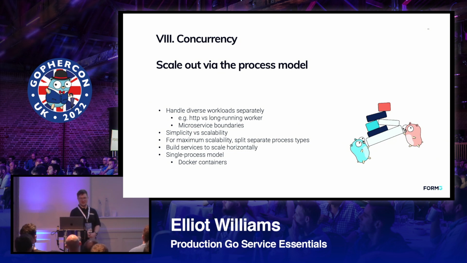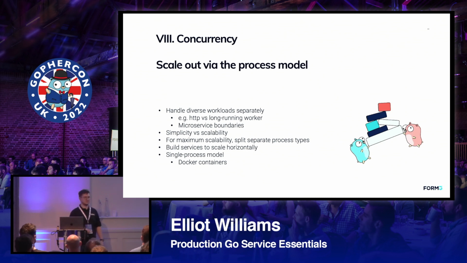So this is talking about scaling out the process model itself. We were talking about having our processes, our Go binary, but the recommendation here is that you handle diverse workloads separately. If you have an HTTP server that is running all of the time versus a worker that kicks off weekly to import some things from a service or a website, those should be separate things.